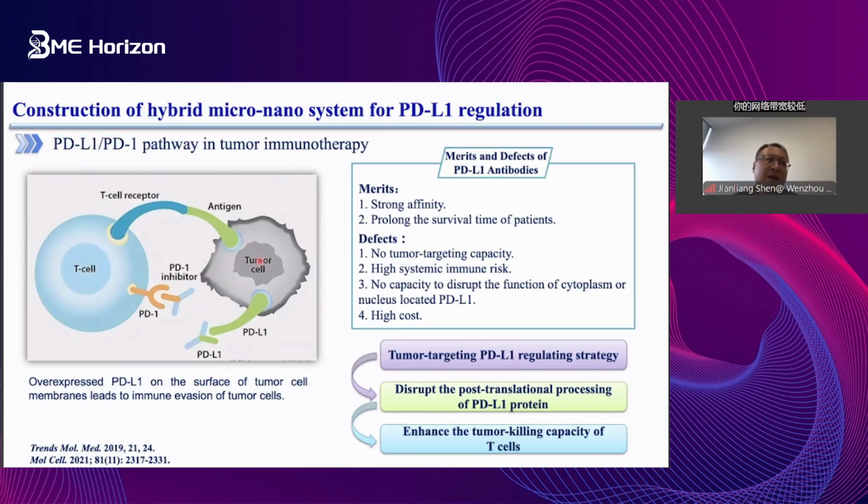So we design a hybrid system on the patient side, not from the clinicians. They can use antibodies, but we can use this hybrid system to reduce the tumor cells' or tumor tissues' overexpression of TGF-beta or PD-L1.